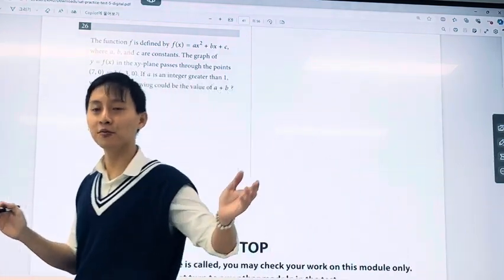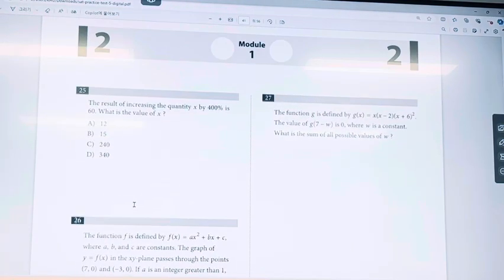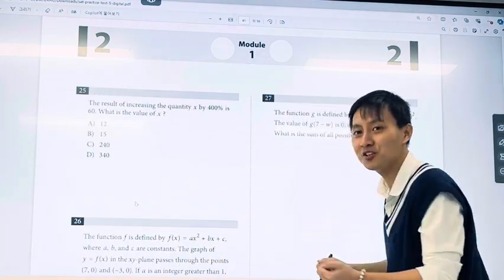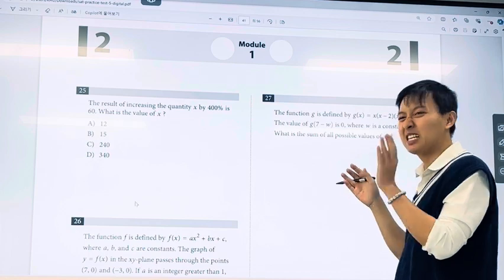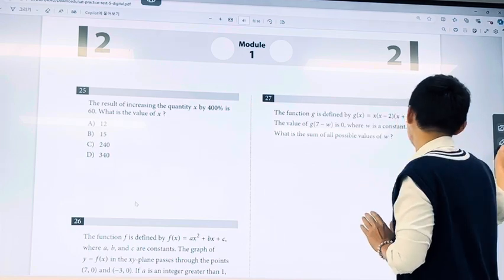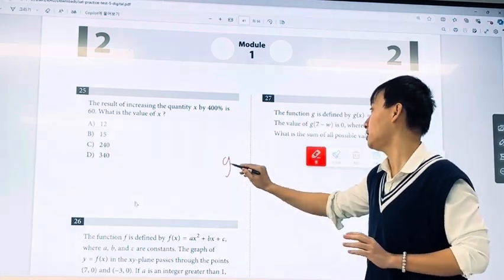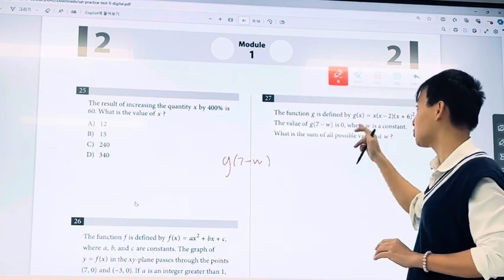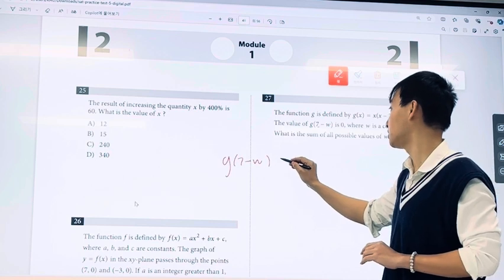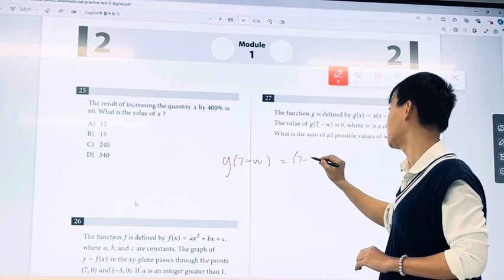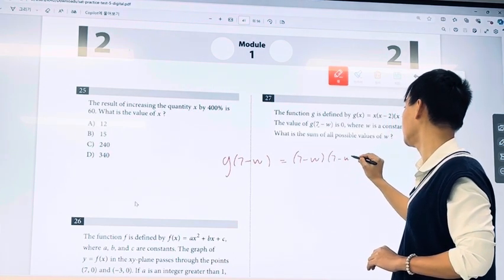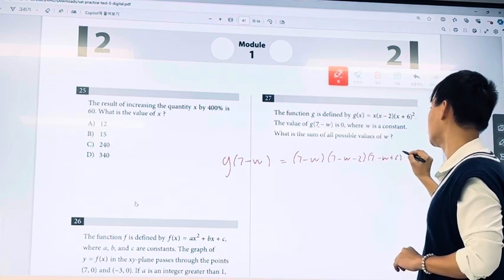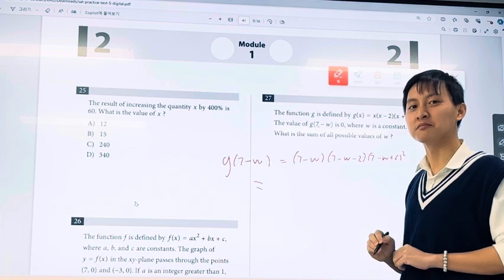Yes. Now we're going to the last question, you guys. So for this question, how can we solve it? I should relate it to the function. To let g(7 minus w), you only do one thing, where x is replaced by 7 minus w. It equals 7 minus w times 7 minus w minus 2 times 7 minus w plus 6 squared. You must simplify it.